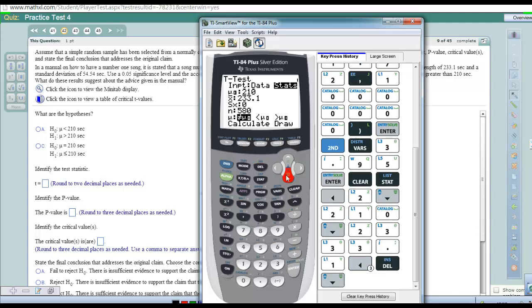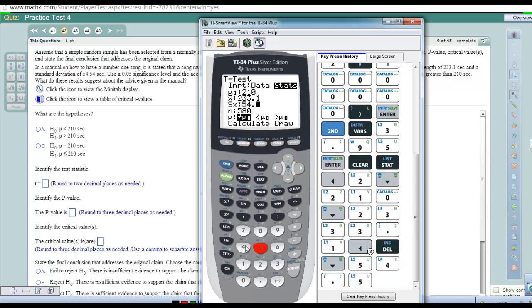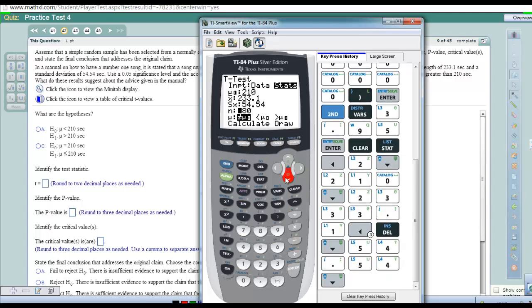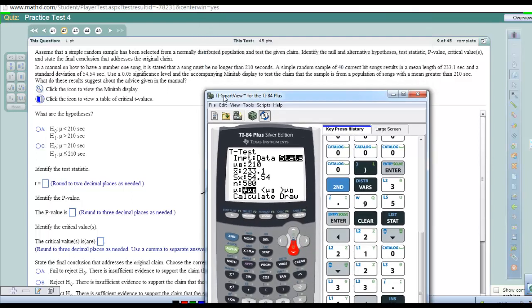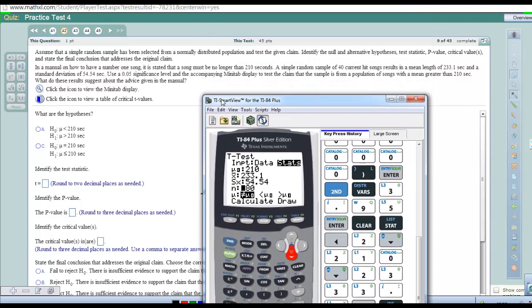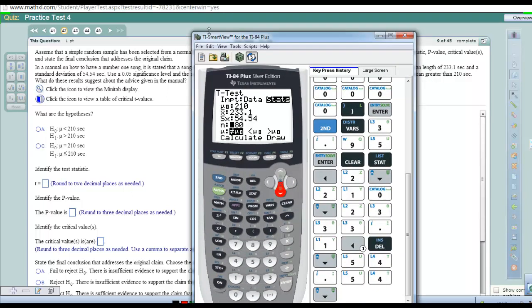Our sample standard deviation is 54.54. And sample size was 40. And then our alternative is, we said, greater than.